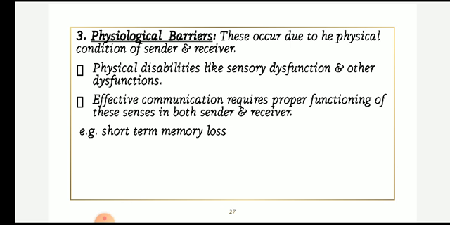Then, before that, the barriers we have started. Barriers are nothing but the problems, obstacles, hindrances, or things which don't allow the process of communication to be effective, which make a problem in the smooth flow of the communication process.